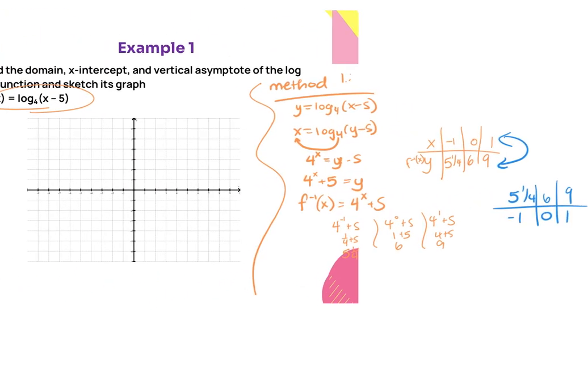I would plot 5 and 1/4, negative 1; 6, 0; 9, 1. I would find the vertical asymptote from the very beginning by setting my parentheses equal to 0, and I'd get a vertical asymptote at x equals 5. And now I know my graph looks like this.